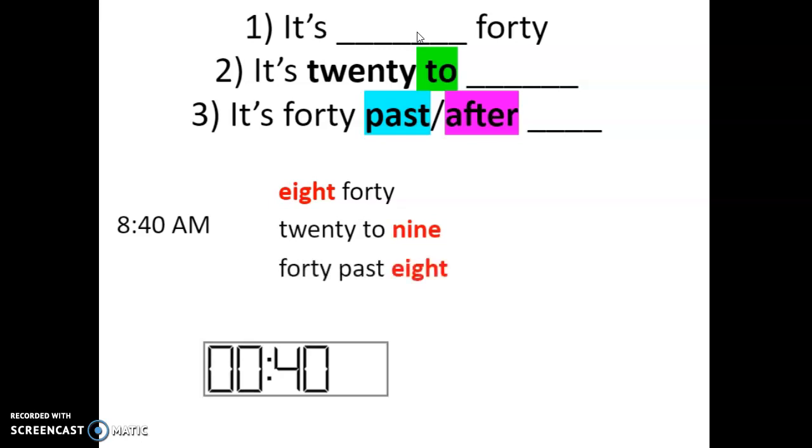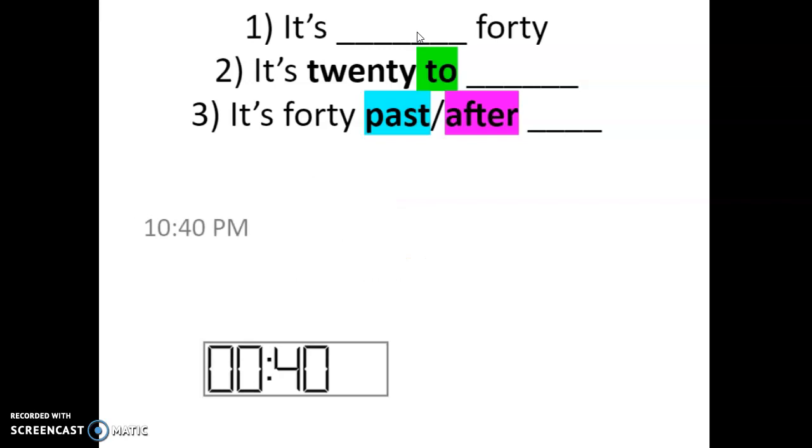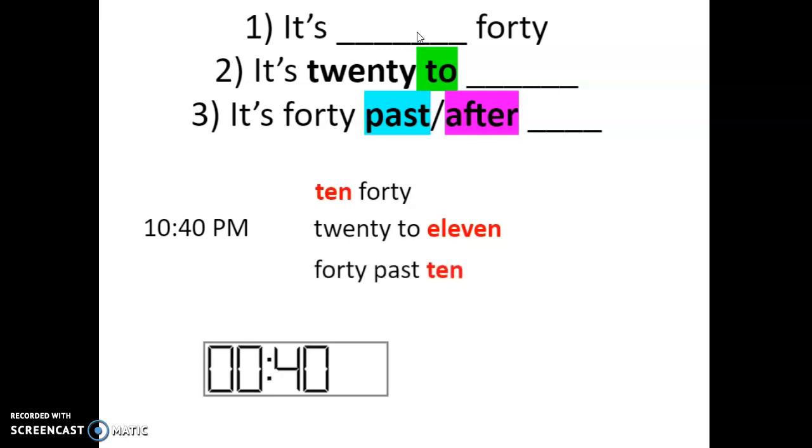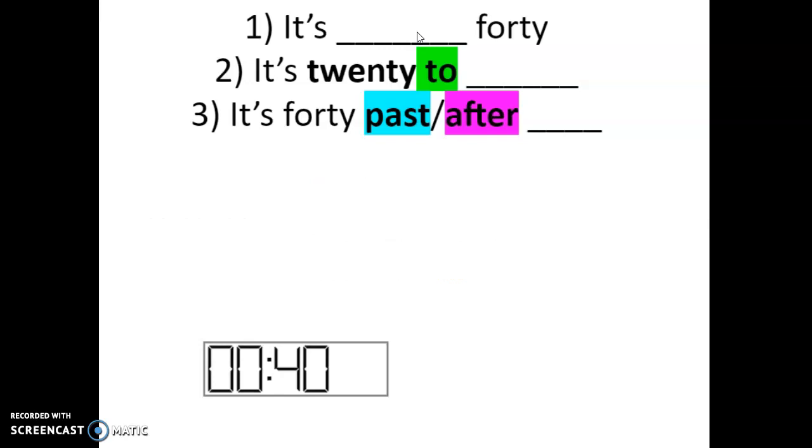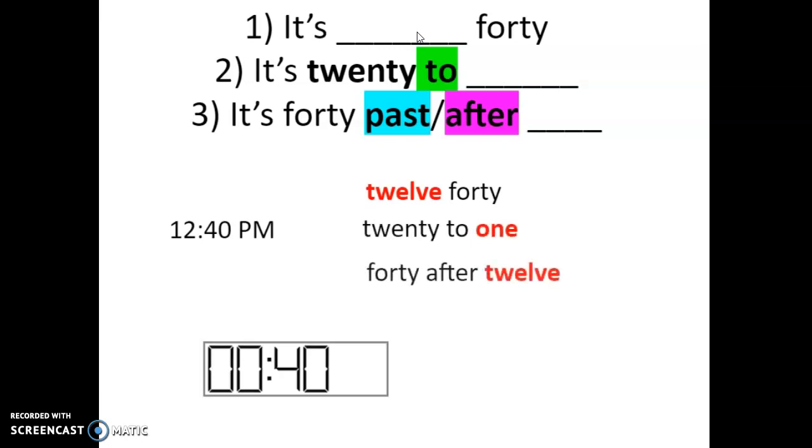Or it's 40 past 8. You can also use it's 10:40. It's 20 to 11. Or it's 40 past 10. It's 12:40. It's 20 to 1. Or it's 40 after 12.